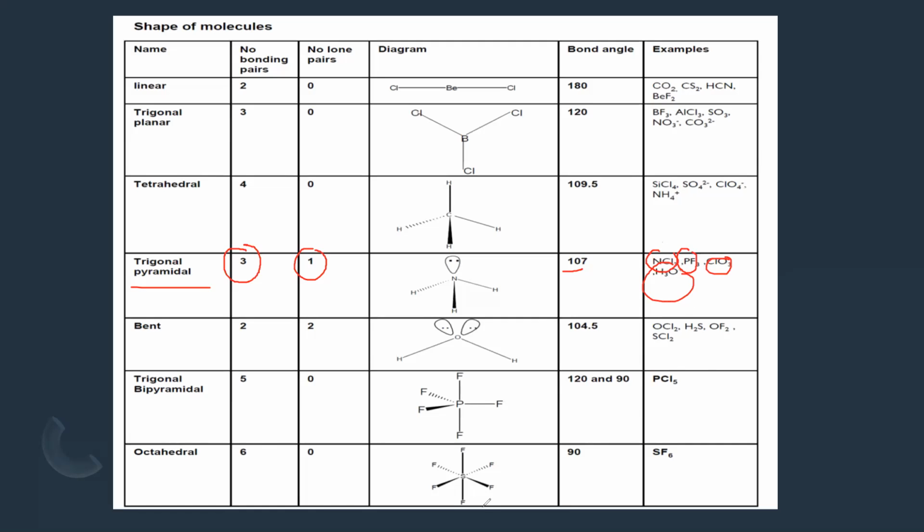Like when we draw H3O+, first the oxygen forms a bond with hydrogen, like a normal water molecule, but then there's a dative bond.